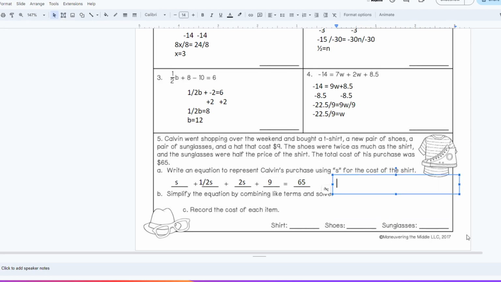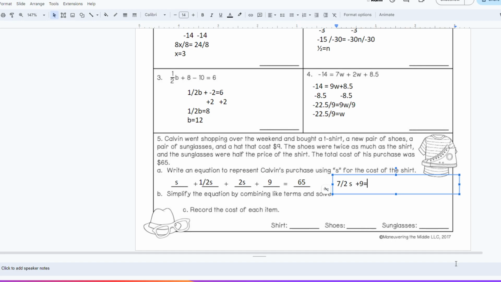Just like before, my very principled approach, I'm going to combine like terms. So S, remember, that's a hidden coefficient of 1. You can't forget that. So that's 2, 3.5. So 3.5, that would be 7 over 2 S. That's 3.5 as a fraction.